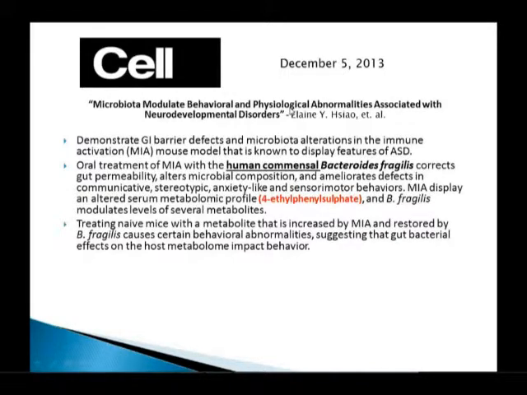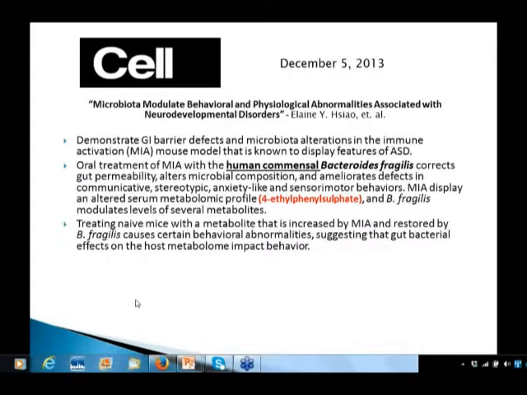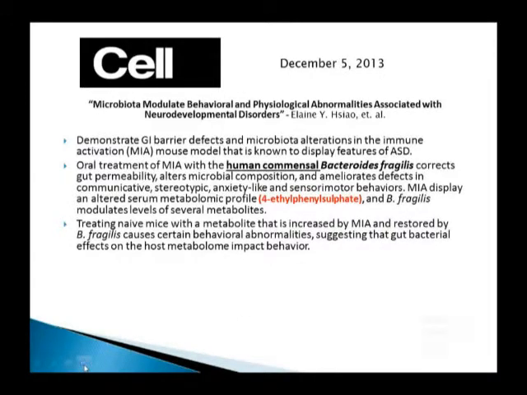They found in these mice that it helped eliminate the communicative, stereotypical, and anxiety-like behaviors. And when they took neurotypical mice and injected that particular metabolite, those mice developed the autistic characteristics you're used to seeing.